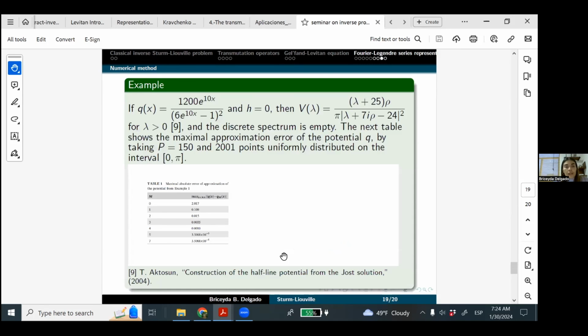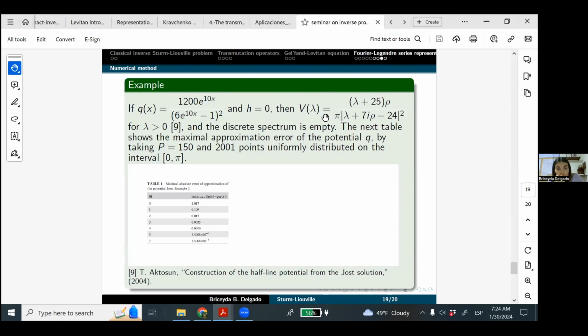Now I am going to finish with an example. If we consider the potential Q equal to this expression and the boundary condition H equal to 0, then the function B at lambda has this explicit expression.